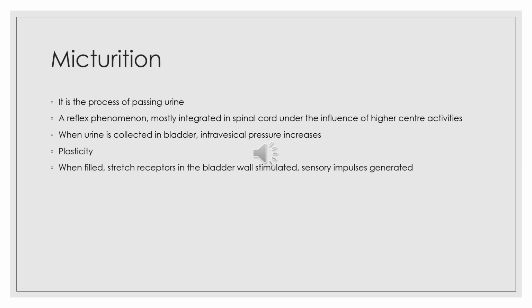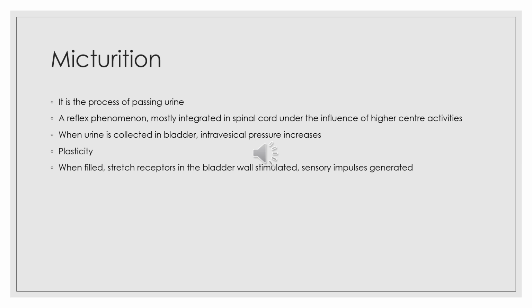Initially, when there is accumulation of a smaller quantity of urine, there will be a rise in the intravesical pressure, and this pressure remains the same until a particular quantity of urine is collected in the bladder.